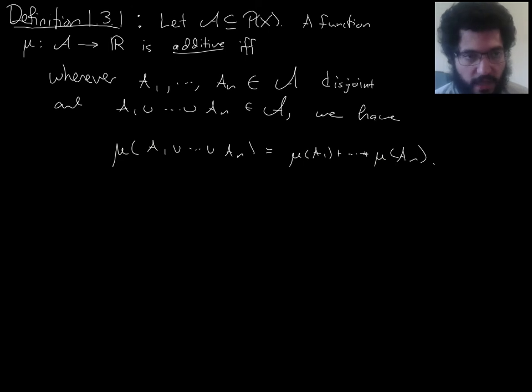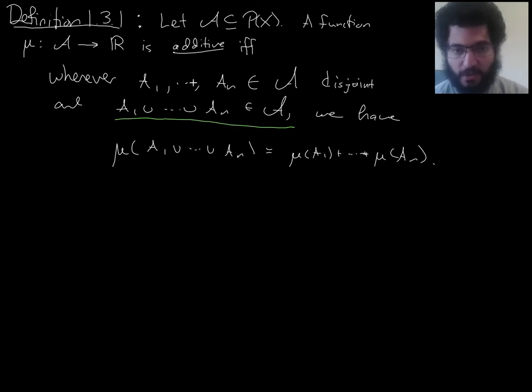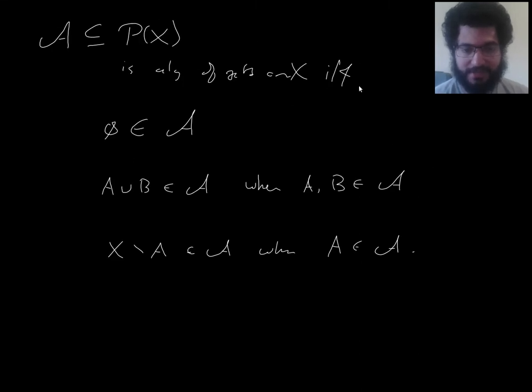So what if fancy A were actually an algebra of sets on X? Then I definitely would not have to say this part, right? Because it's always true that when these are in there, the union is in there. And also, if A were really an algebra of sets on X, it would be sufficient to just look at binary unions, just like in the definition of an algebra of sets on X.